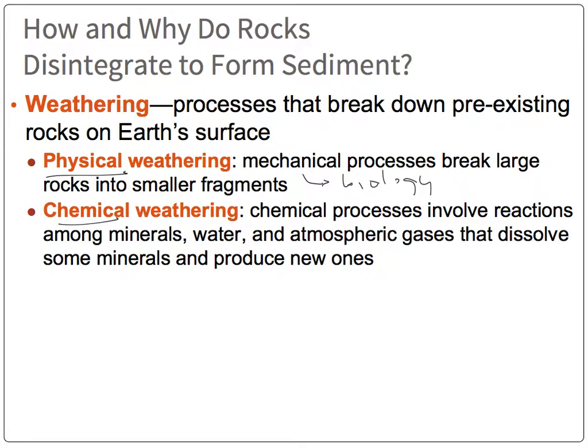At the same time, or in parallel, minerals in the rocks can be weathered chemically by exposure to environmental conditions. The minerals in the rock can undergo different kinds of chemical reactions and change their structure and composition.